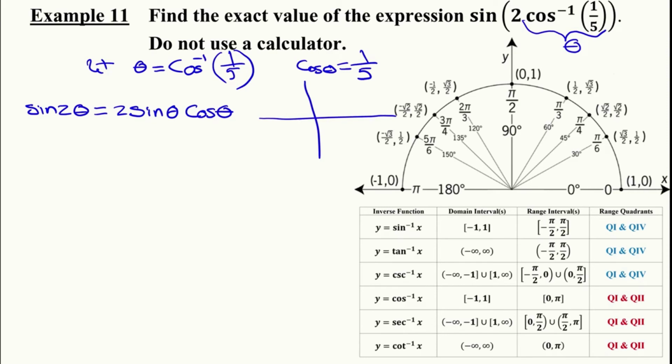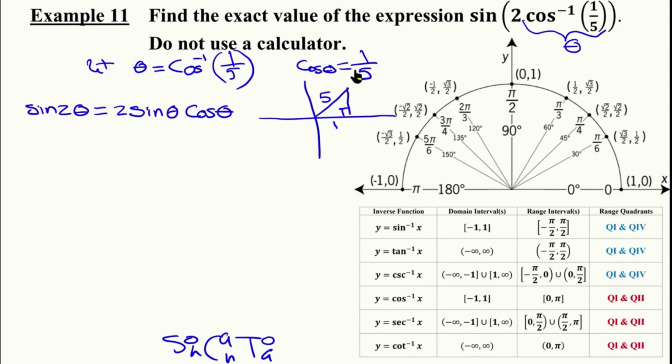Remember SOHCAHTOA, right? That means we know that cosine is adjacent over hypotenuse. So we're going to draw our angle so that the side adjacent is 1 and the hypotenuse is 5.